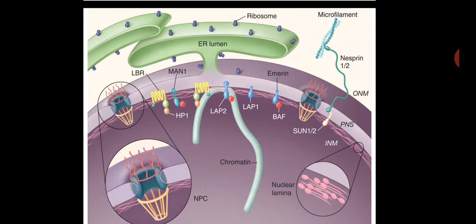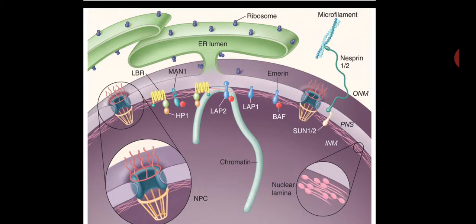Each has about 75 to 80 angstrom thickness, and they maintain a bilipid layer structure like all other membranes.